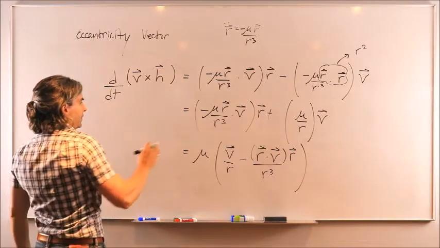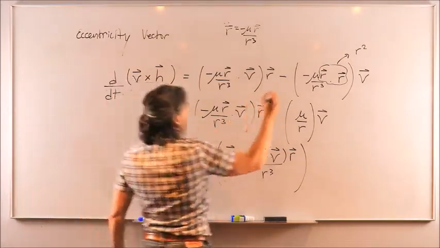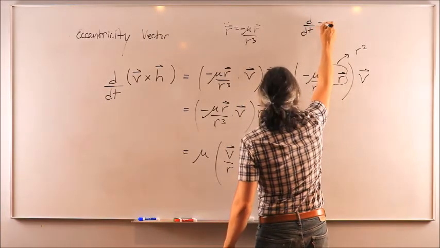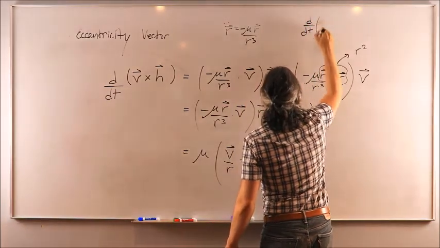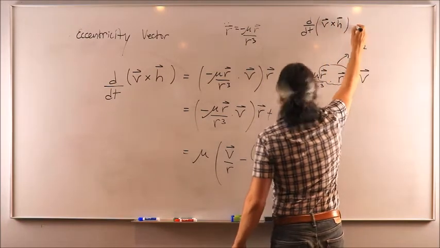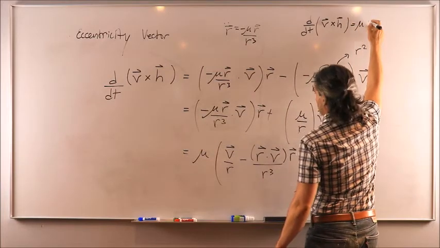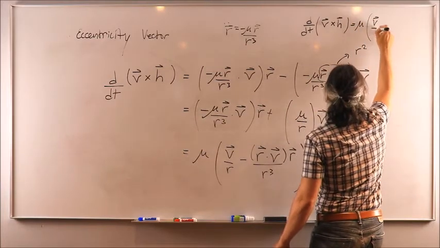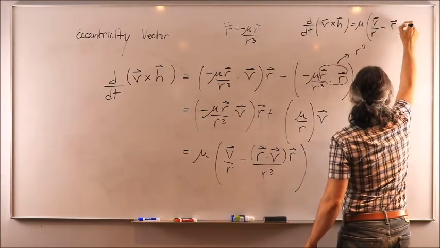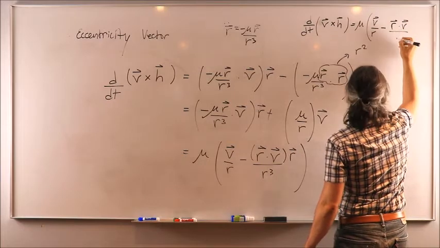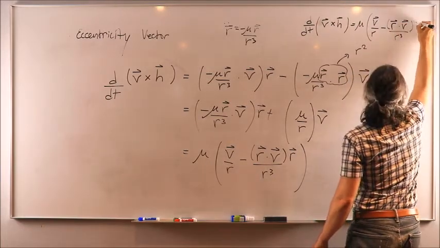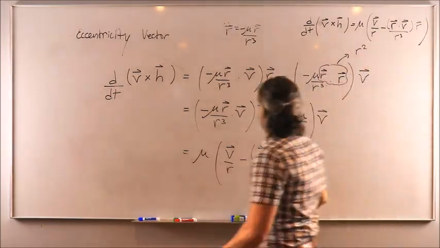We're going to keep that in our back pocket, so I'm going to write that expression over there so we don't forget what we're doing. Plus h. We know that this is mu times v r minus r v r cubed. All this times r, and close that parenthesis.